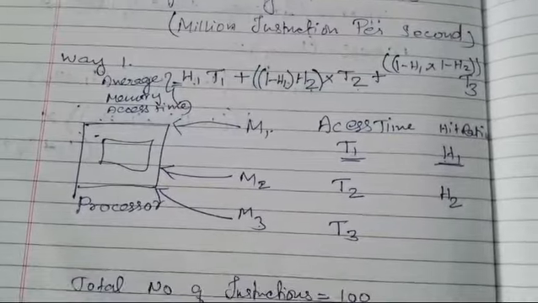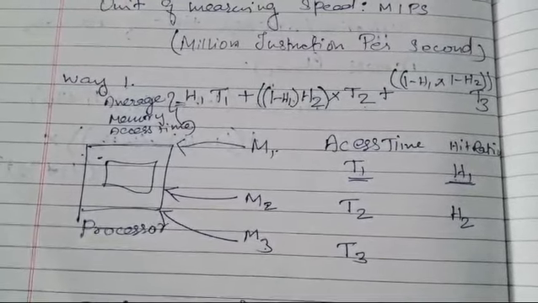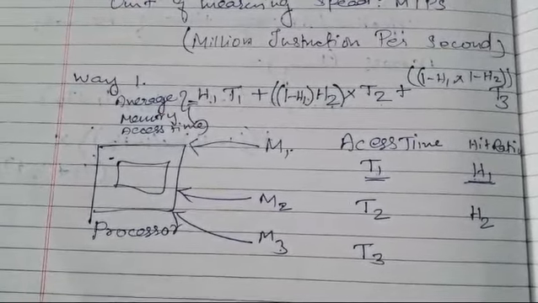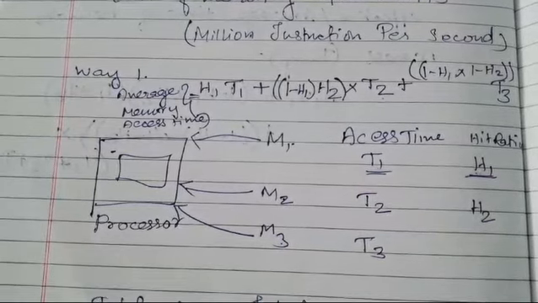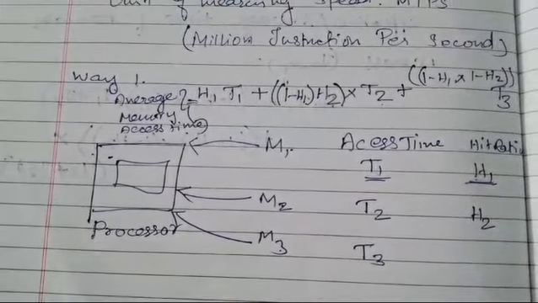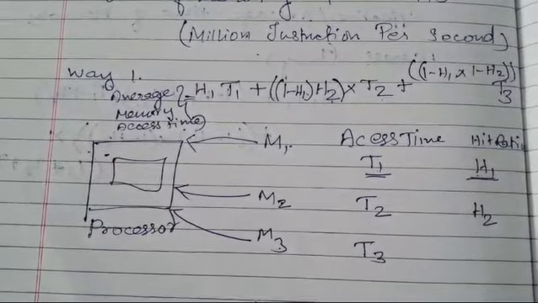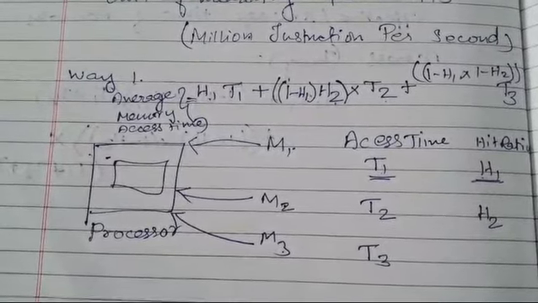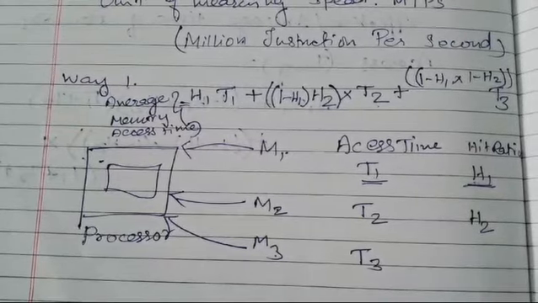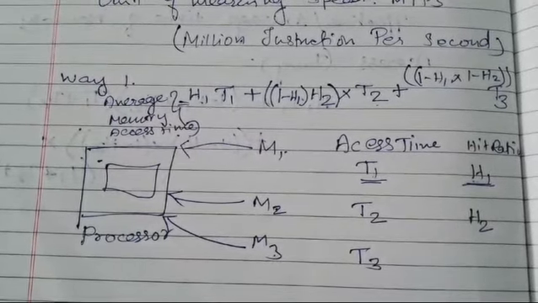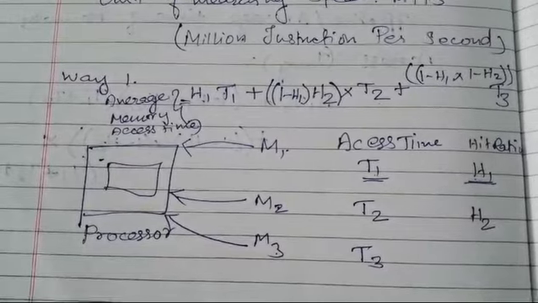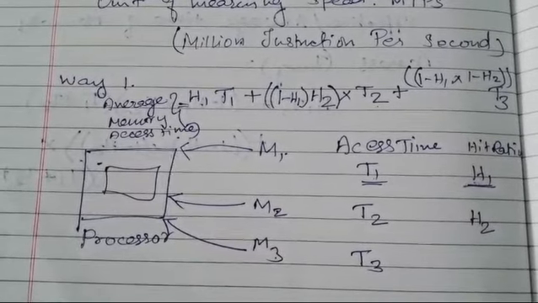So the memory access time we take as T1, and the hit ratio as H1. The memory is fetching in parallel to the processor. So the average memory access time is equal to H1 times T1, where H1 is the hit ratio and T1 is the access time.